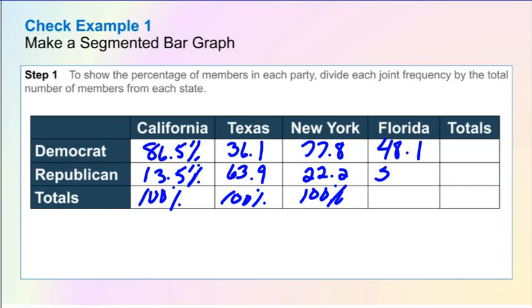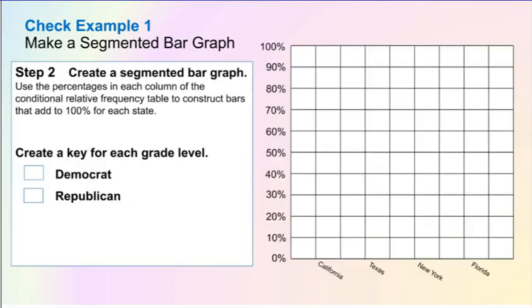And this would give us 51.9. Fill the rest of these in totals. We're not going to worry about the total here for a segmented bar graph.